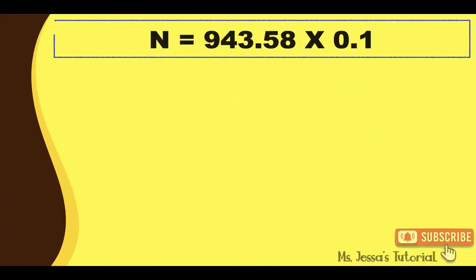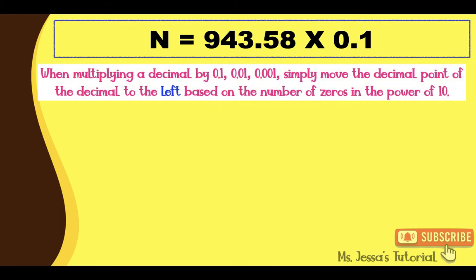How about if we have this one? N is equal to 943.58 times 0.1. Always remember, children, when multiplying a decimal by 0.1, 0.01, or 0.001, simply move the decimal point of the decimal to the left based on the number of zeros in the power of 10. So this time, we're going to move the decimal point to the left. Okay?